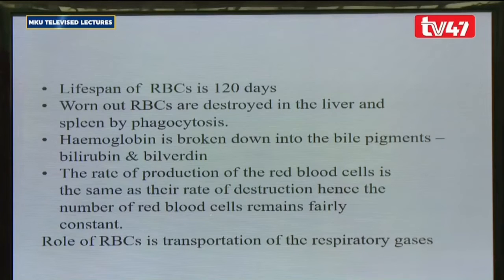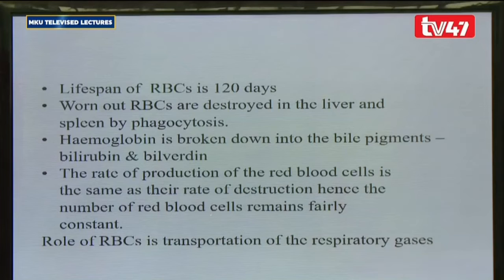As the red blood cells that are worn out are being destroyed, they have this red pigment that we call hemoglobin. So you expect hemoglobin also to be broken down, and it is broken down into two waste pigments that we call bilirubin and biliverdin.